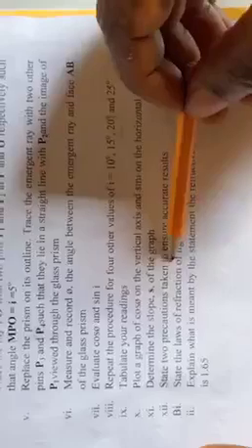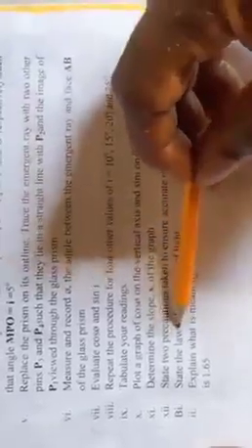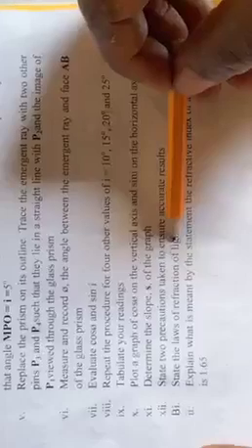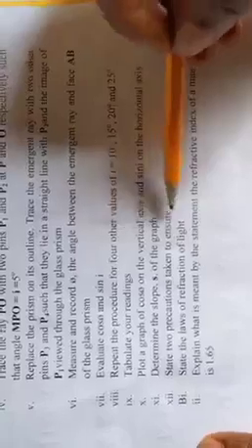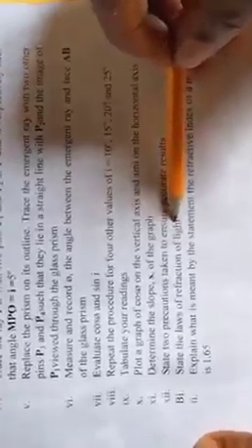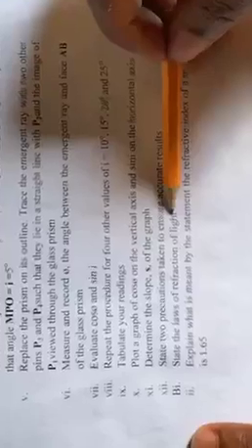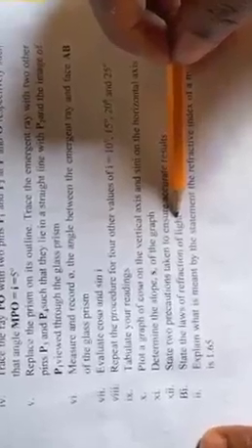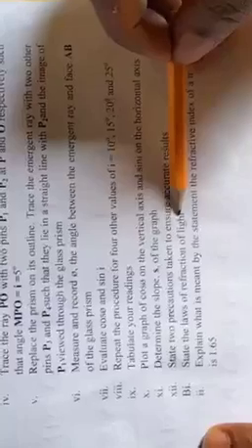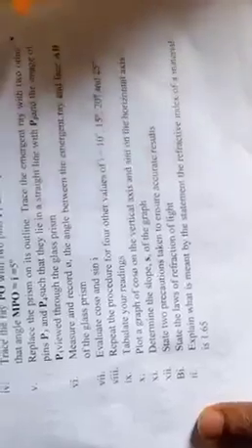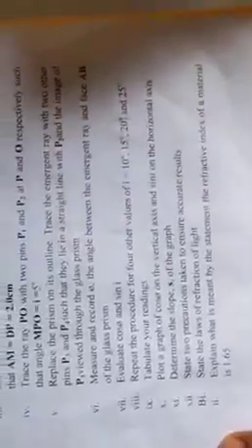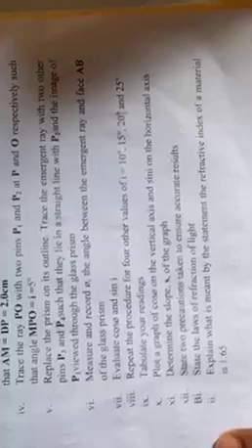Number B(i) says, state the laws of refraction of light. There are 2 statements that make up the laws of refraction. The first statement says the incident ray, the refracted ray, and the normal at the point of incidence all lie in the same plane.